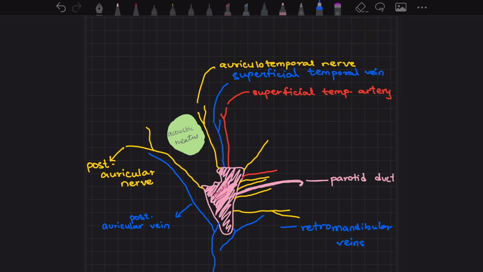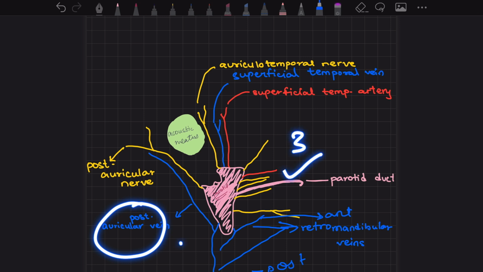Then from its medial side we see the retromandibular veins, one anterior and the other posterior. After the retromandibular veins, we move forward to the posterior auricular vein. So we are done with the three types of veins.